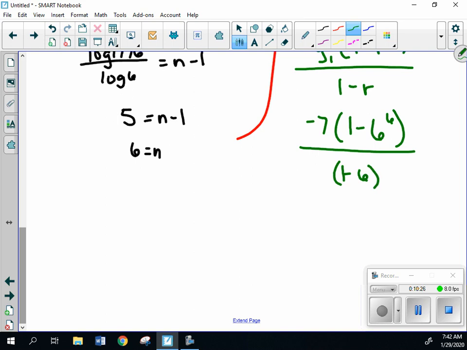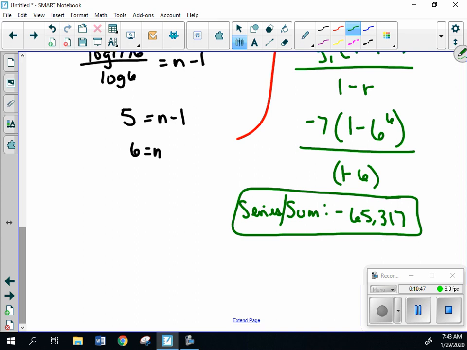So I just plug in my information and calculate it. Up on top, I get a very large number, but divided by -5. And my sum, or series, is going to be -65,317. So a little bit of review using those logarithms in order to solve, but very doable in order to find that sum.